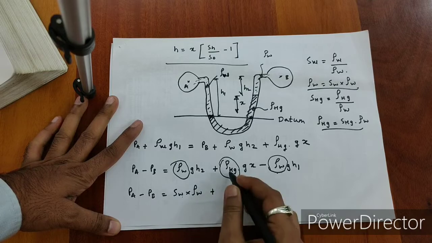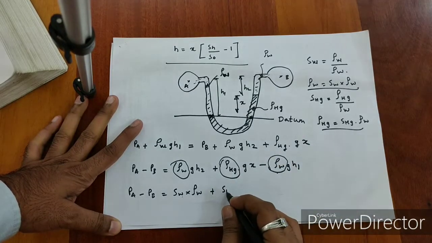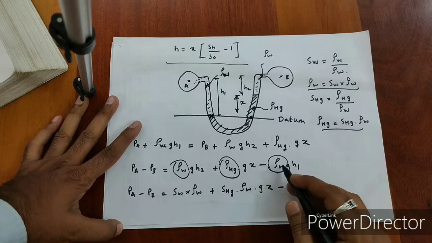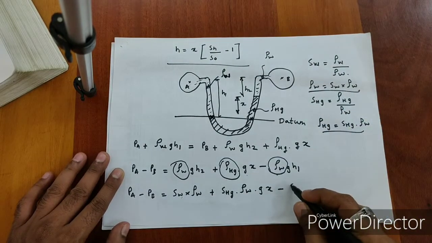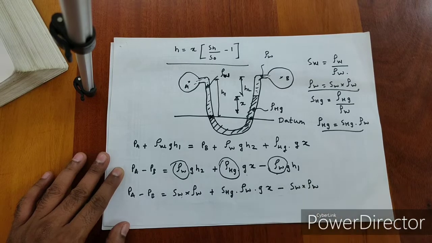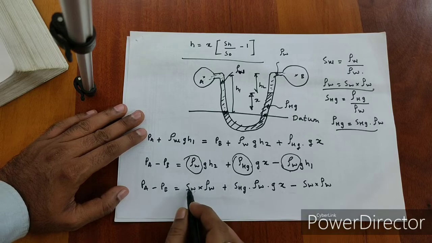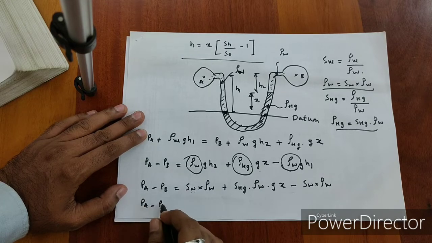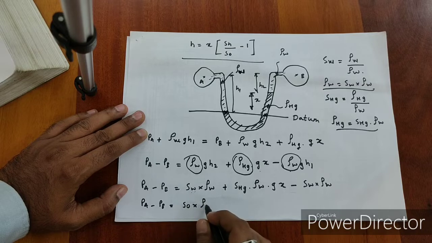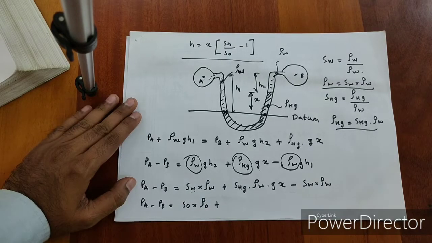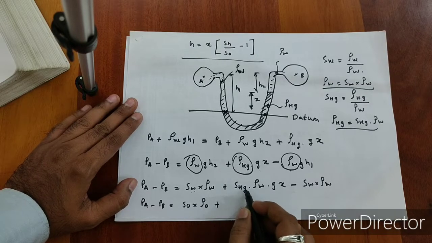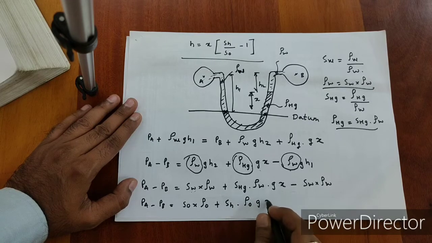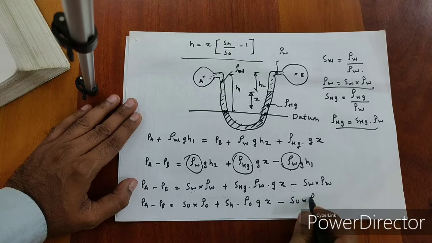Plus rho Hg in terms of specific gravity, SHg into rho W into G x, minus again rho W in terms of specific gravity, SO into rho O. So instead of SW I write SO, and SHg can be written as SH, the specific gravity of the heavy liquid.